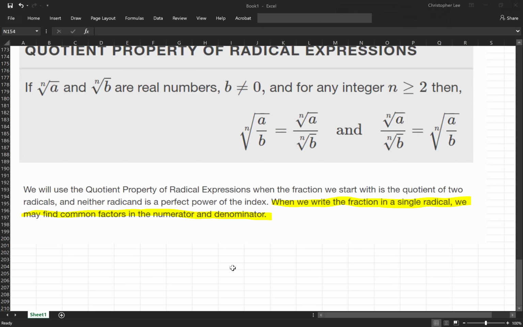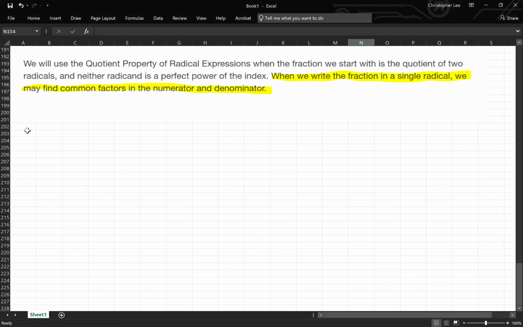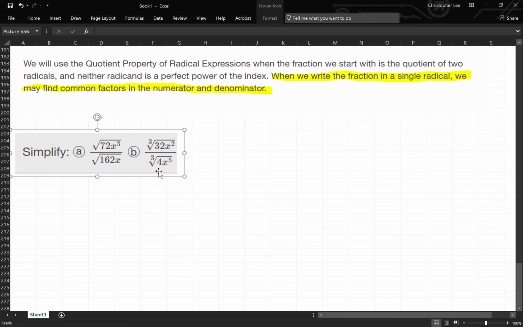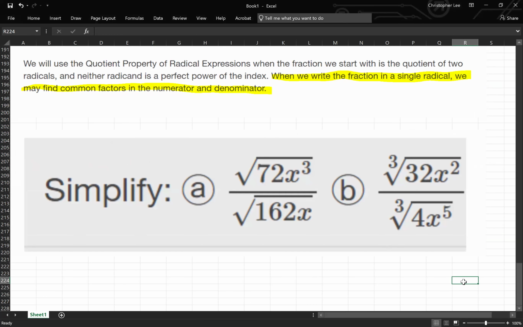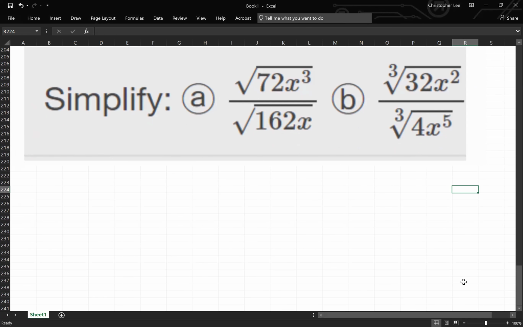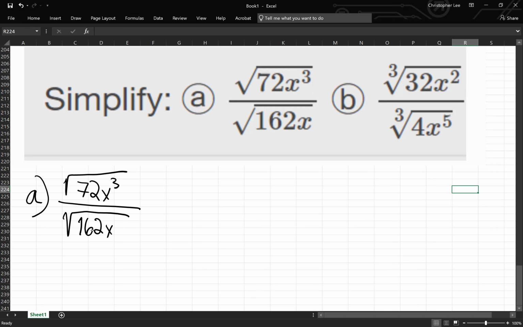So let's just look at an example. I'm looking at A, right? Just to recap, A is the square root of 72x cubed over the square root of 162x.